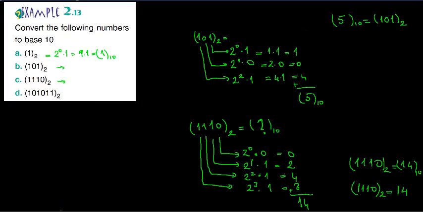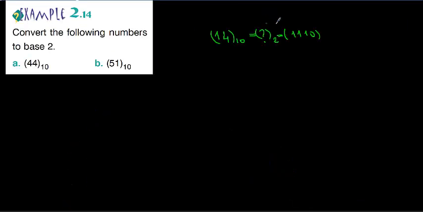Let me show it here again, the result is 1 1 1 0. Here this was 5 and this is 14. This is the last exercise, and this is going to be the homework, by the way. Okay, now I know that it is 1 1 1 0 in base 2.